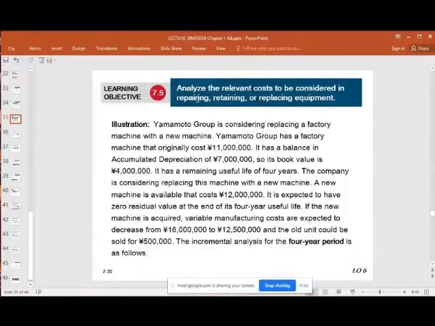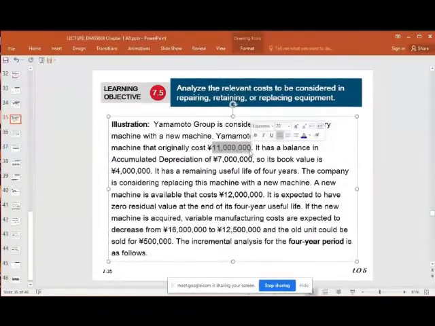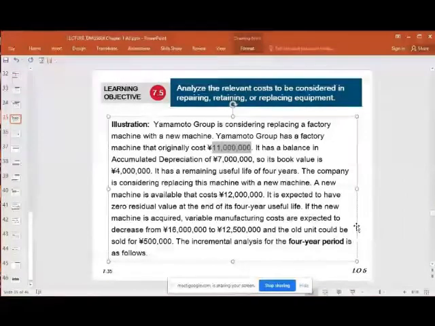This is number 4. Repair or replace. Okay, repair or replace an equipment. So Yamamoto Group is considering to replace a factory machine with a new one. So the group has a factory machine originally is 11 million. It has a balance in accumulated depreciation 7 million.